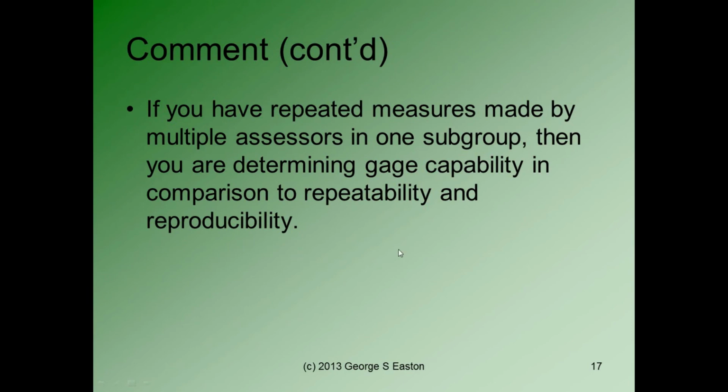And so what I'll be doing is deciding whether or not my gauge is capable by comparing the variation in the process characteristic of interest to both the repeatability and the reproducibility. Now this probably reflects more realistically what's going to be happening in real life. I'm not going to just have the variation of the gauge. I'm going to have the variation of the gauge together with the fact that that gauge is operated by different people at different times.